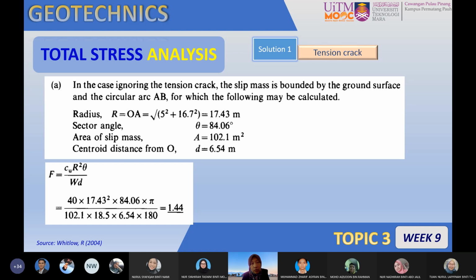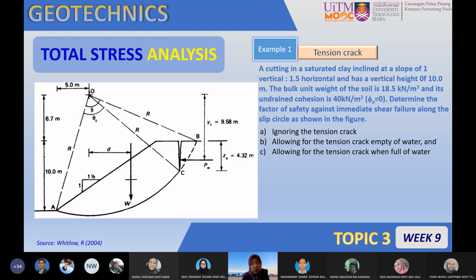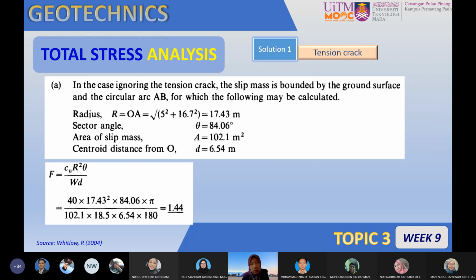You can see that the W here above the slip circle is not divided into equal or parallel vertical slices. So the W is considered as one single unit mass. So in this example, it took the mass procedure to analyze the FOS.